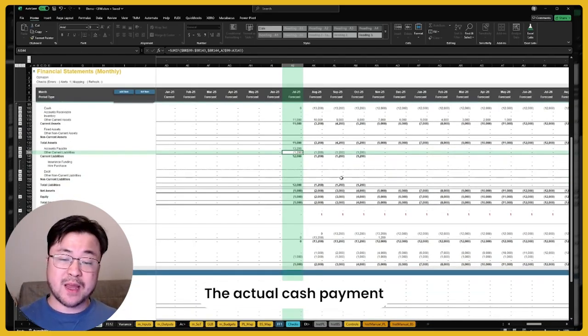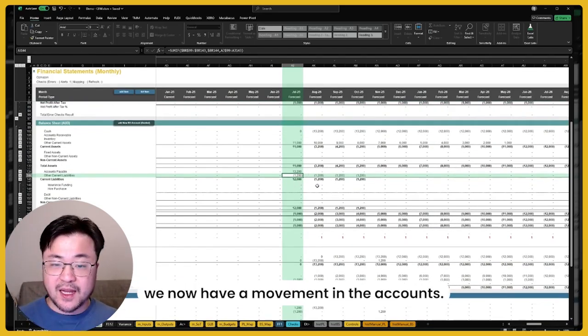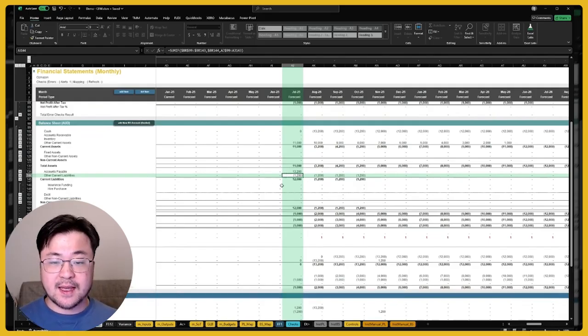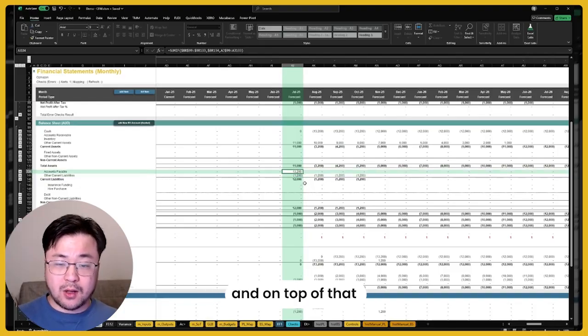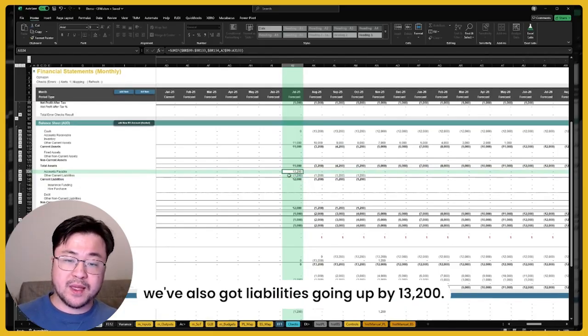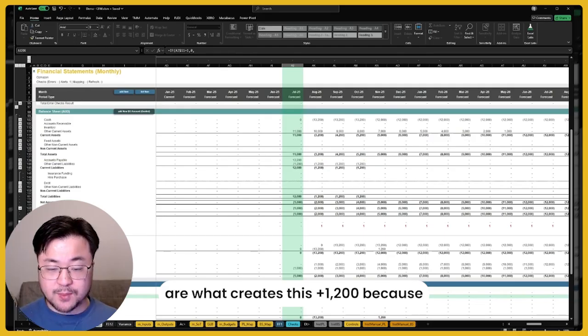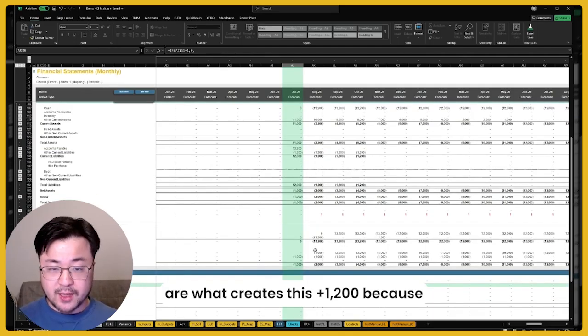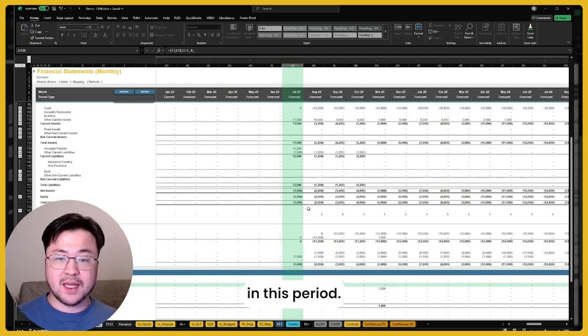The actual cash payment timing is dealt with a bit differently, but you'll see that we now have a movement in the accounts. And in order to balance that, we've also got liabilities going up by 13,200. So the differentials created are what creates this positive 1,200, because no cash has actually left the account in this period.